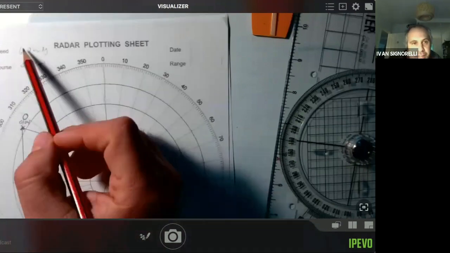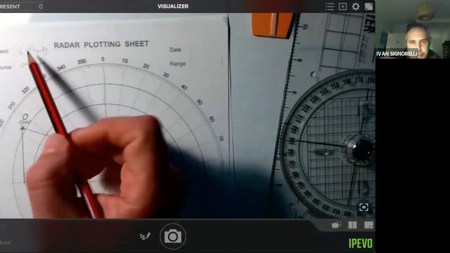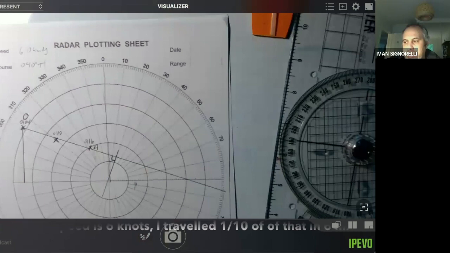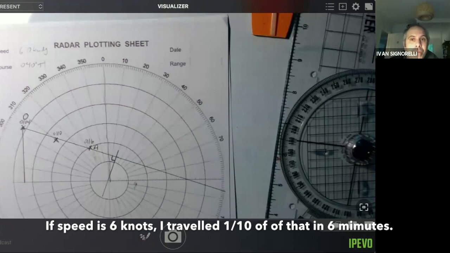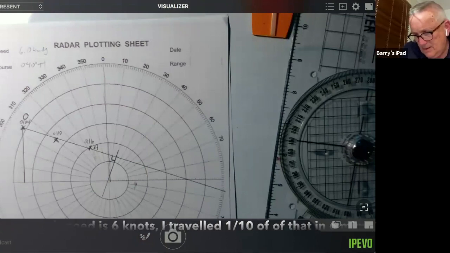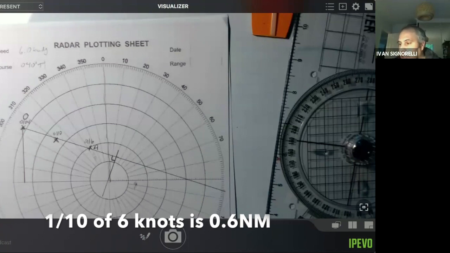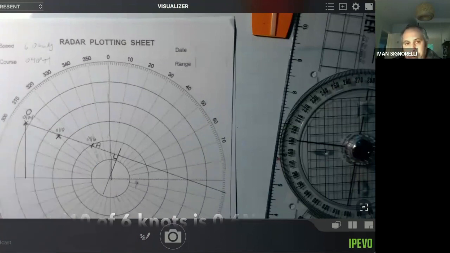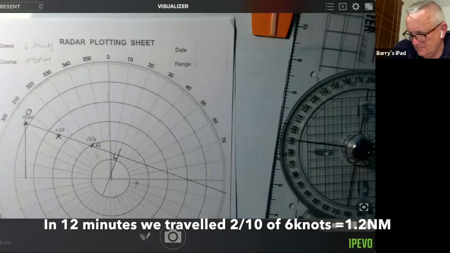If my speed is 6 knots, how far did I travel in 6 minutes, or 1/10 of an hour? 0.6. Yeah, you travel 0.6 miles. Because we're looking at a 12-minute period, we traveled a total of 1.2 miles. Does that make sense?